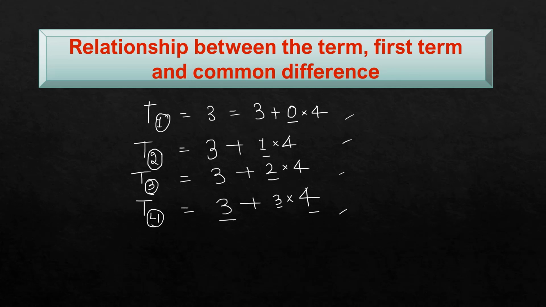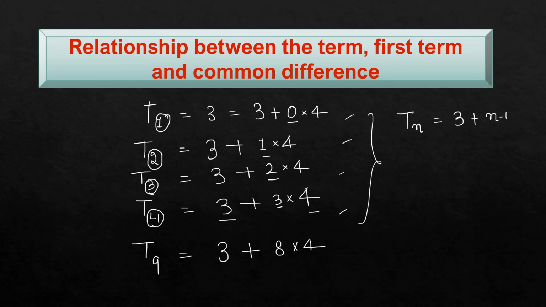So if I want to find out the ninth term, according to this rule, the ninth term should be 3 plus 8 times 4. Accordingly our nth term is going to be 3 plus (n minus 1), 1 less than n, times 4. Okay, so this is how we find out the nth term in case of arithmetic progression.